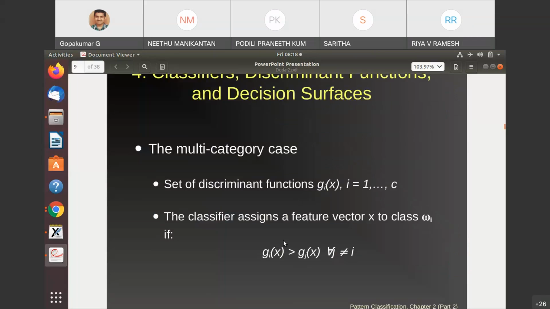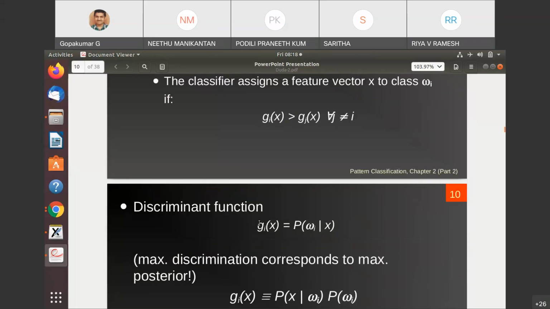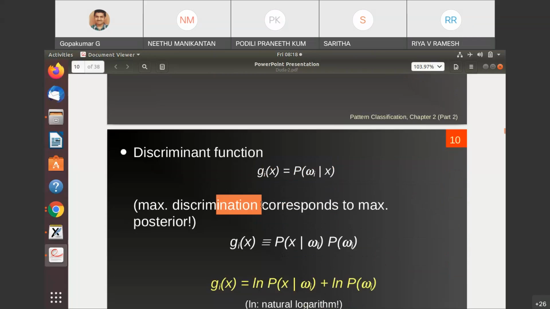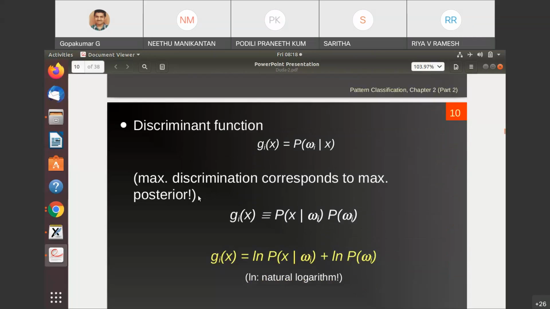This is a general way it will be used, but with respect to Bayesian, we can say that g i of x can be the posterior probability. So the maximum discrimination is for which g i of x is the largest, and that discrimination corresponds to the maximum posterior probability. That is the concept.